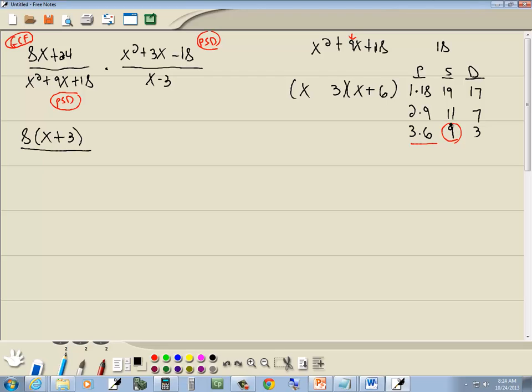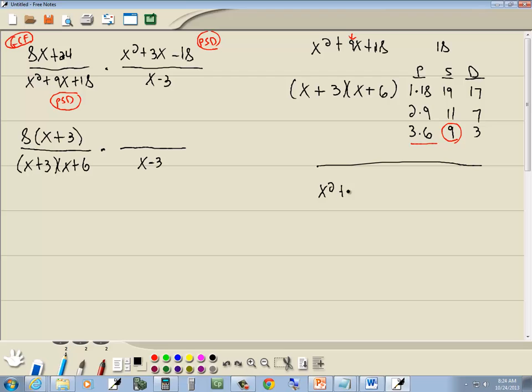The number I circled is in the S column, S for same signs, either both positive or both negative. Since the 6 is positive, then the 3 has to be positive. So this factors as x plus 3 times x plus 6. And this denominator stays as is. We can't factor it.